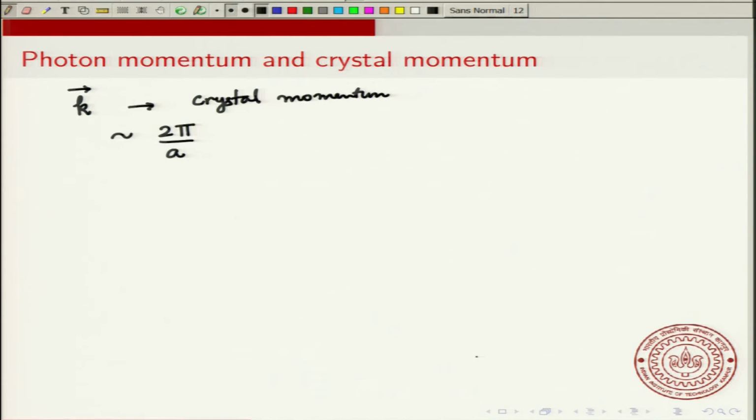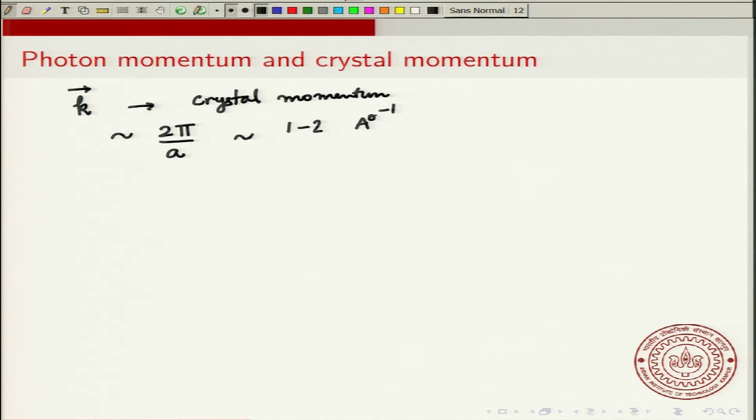If a is typically a few angstroms, depending on its value this will be about 1 to 5 angstrom inverse, maybe 1 to 2 angstrom inverse. a is typically about 3 to 6 angstroms and 2 pi is around 6. So about 1 to 2 angstrom inverse is the typical value of the crystal momentum.